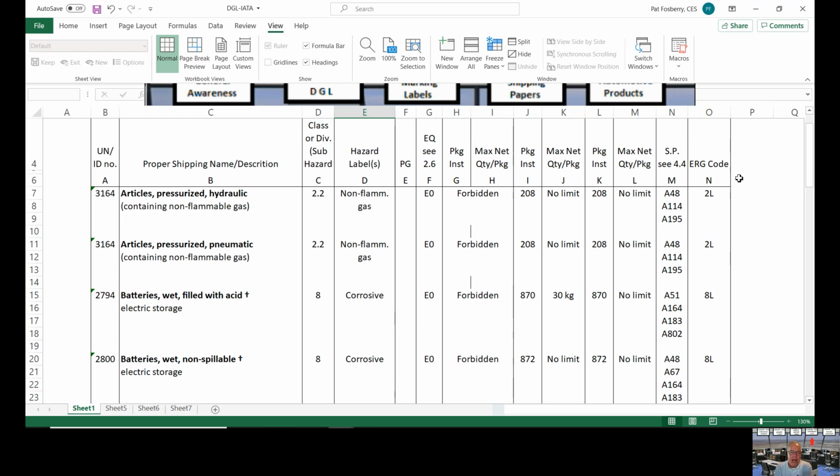What I really like, and people like, about the IATA is it really sends you to that specific place that covers your commodity. So to me, there's a little more comfort level that if I have to read a third of a page or a half a page or a whole page, or maybe sometimes 2 whole pages on a packing instruction, it's all right there.